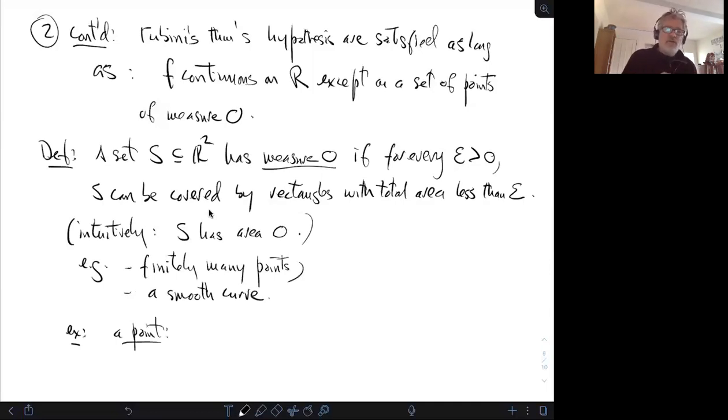Can you find a rectangle of area 1/10 that contains that point? Yes, right? You take a rectangle around it, and you can make these rectangles as small as you wish, as small as we want.